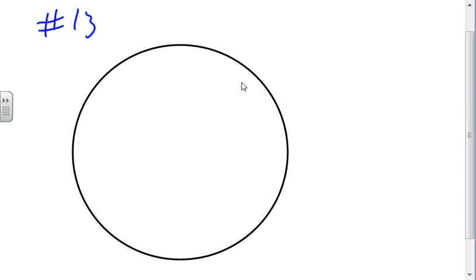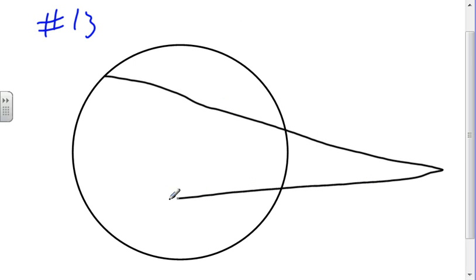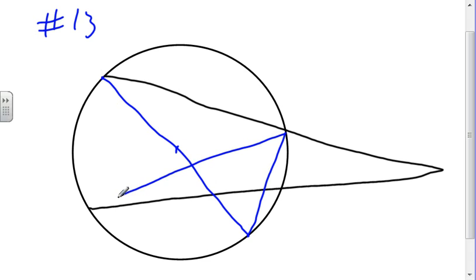That's probably okay. Now we're going to draw a line from here up to there, back to here, and then from there through the center to someplace down here, and then come up to there, down to there.